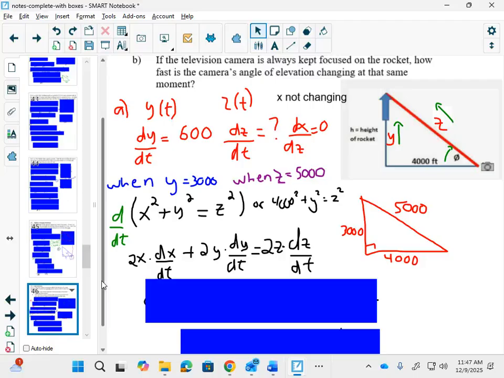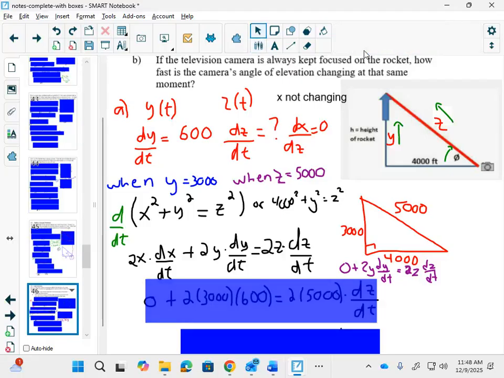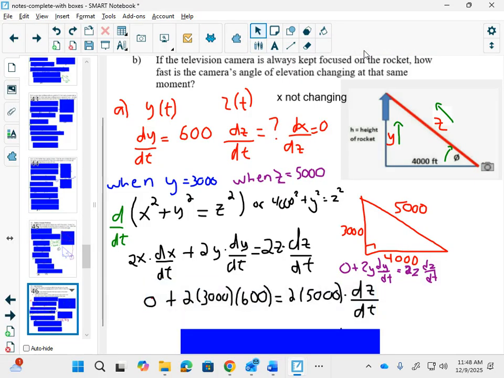Can you see that if you took the derivative of the second one, and I'll do it in purple here, you just get a 0 with the x. I like that better, getting the 0 right away. Do you know that your dx/dt is 0? So that's going to be 0 that way anyways, because x is not changing.